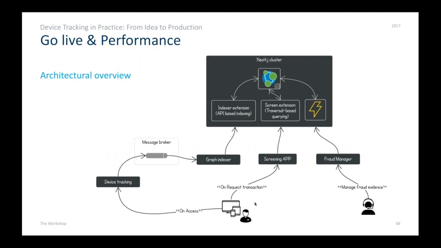And so finally, for ending this presentation, I would like to show you a summary about these different use cases and a summary of the architectural implementation we have. So when a customer accesses, we generate the device in a synchronous way. We are indexing the device information into the Neo4j cluster.